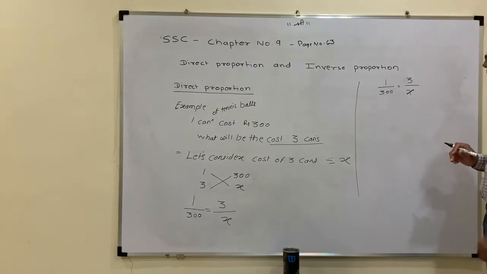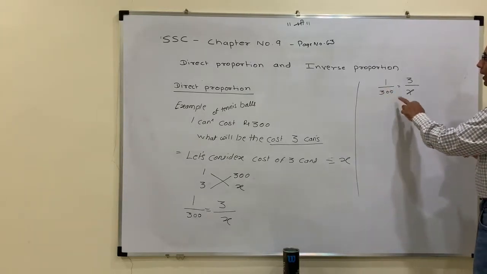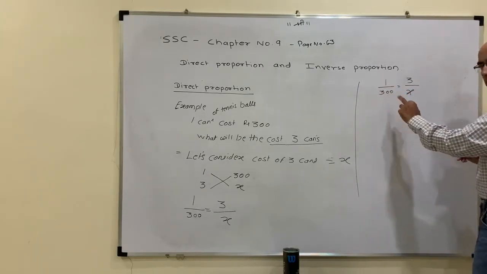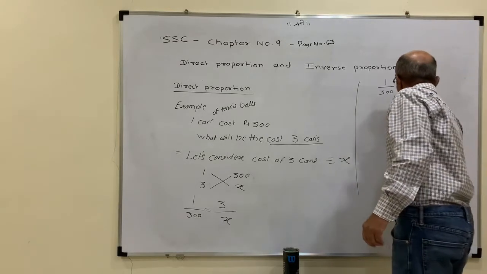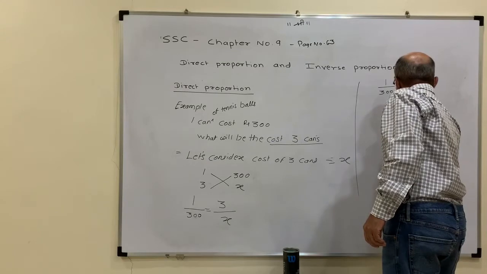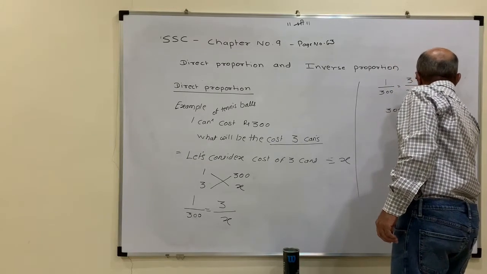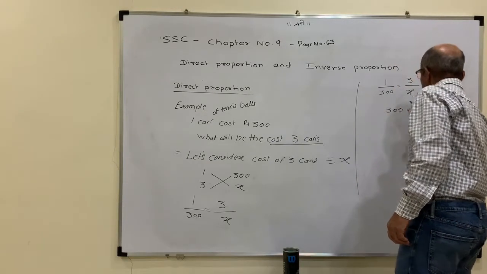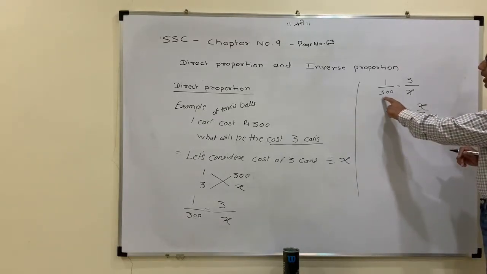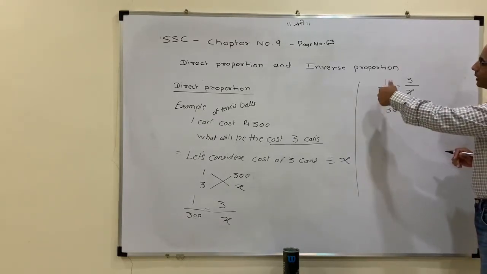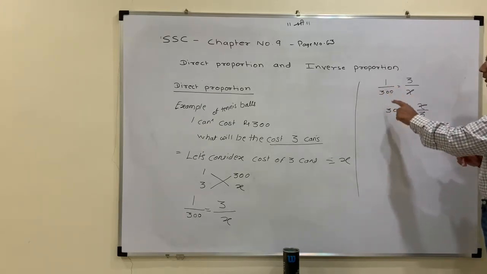So now what I am doing, I am going to take the multiplicative inverse of 1 upon 300. So my answer will be 300 equals X divided by 3. What I have done here, I have taken the reciprocal of 1 upon 300.